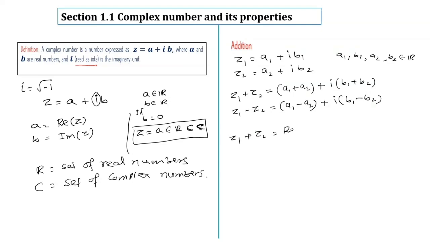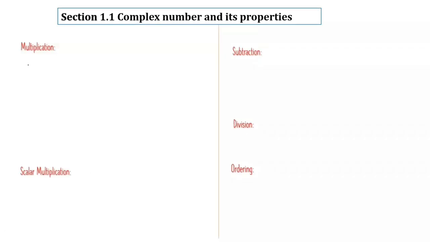So in other notations, the addition can be re-expressed as z1 plus z2 equal real part of z1 plus real part of z2 plus iota imaginary part of z1 plus imaginary part of z2. Same way it will be for the subtraction.